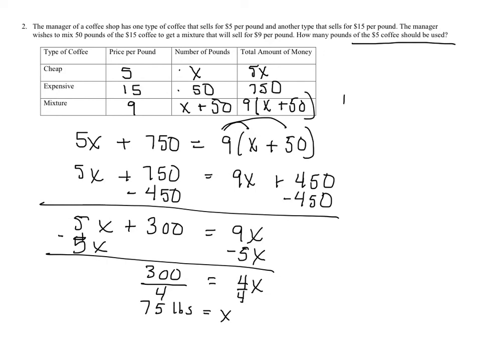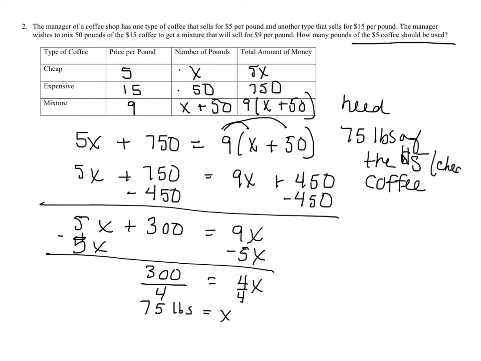So we need 75 pounds of the $5 coffee. I guess I could have just said the cheap one. And that is the whole ball of wax for the mixture piece of this.